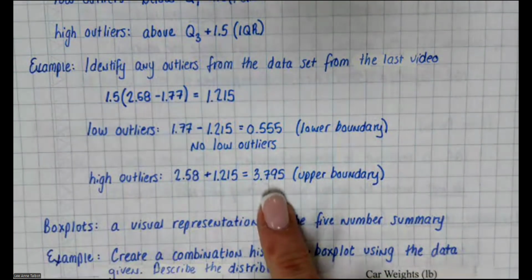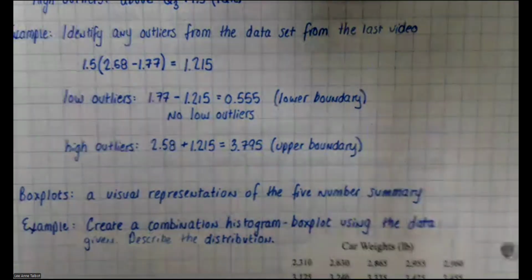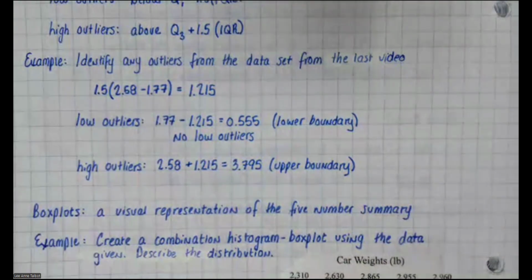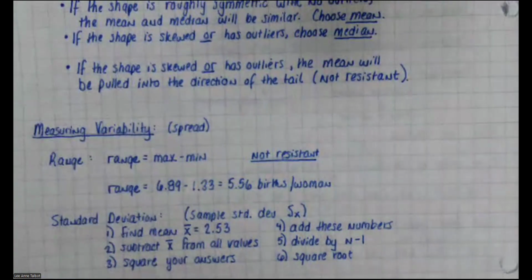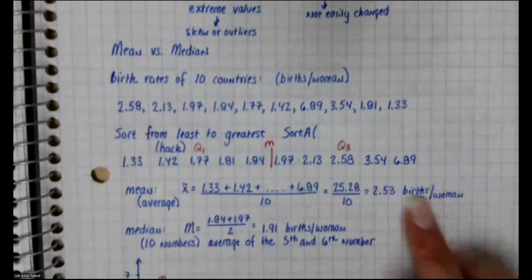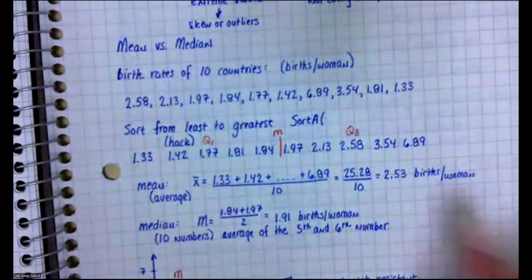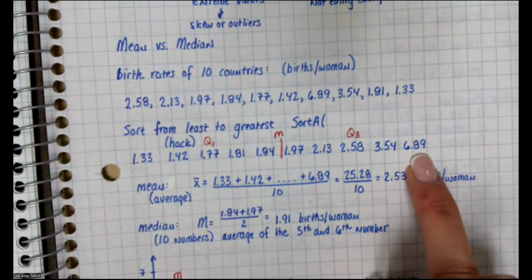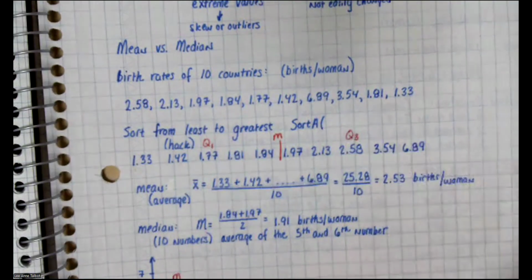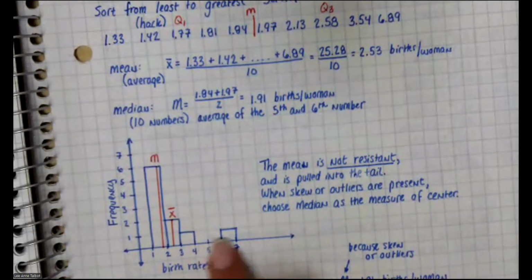Did we have any values in our data set that were above 3.795? Pretty sure there was, because I remember thinking it was crazy that on average they had almost 7 kids in that country. Yep. We also had 3.54. That one's not quite an outlier. Okay, so our only outlier is 6.89, which is not surprising. We figured it was from the gap in the histogram.